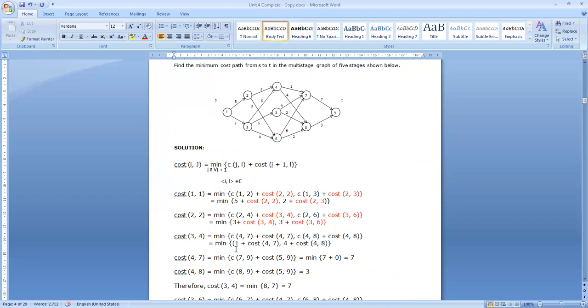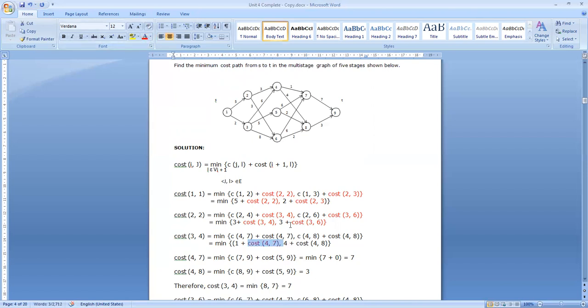Okay, that is equal to minimum of C47, vertex 1, that is 1 plus cost of 4 comma 7. This we have to find and supply it here.